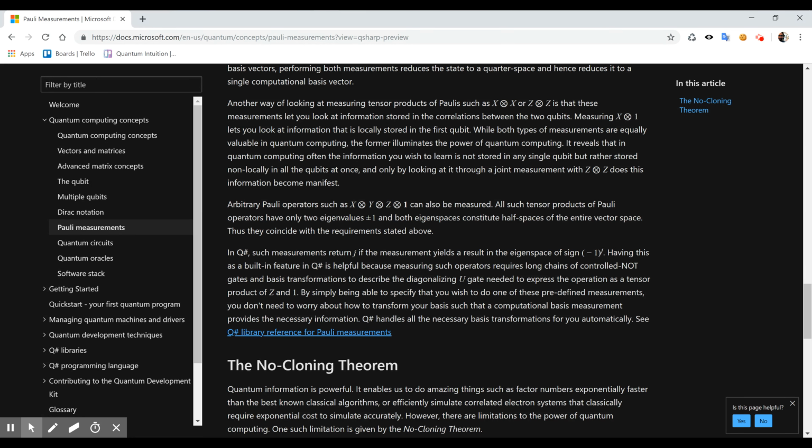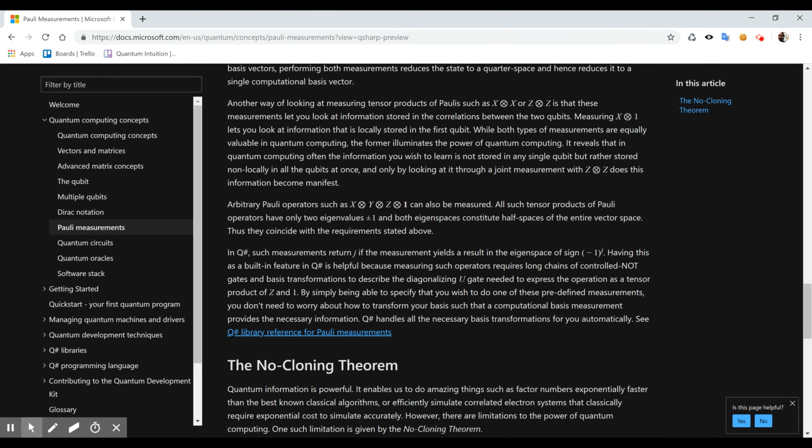So, measuring such operators. I'm just checking whether what I said is nonsense or really is this way. You can leave comments below if I got it wrong, and I can try to read it again, but I think that's what it's saying.